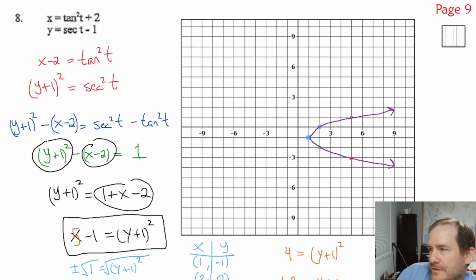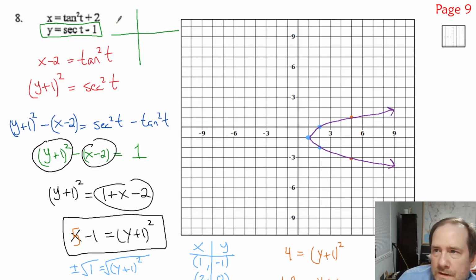Concerns about my domain and range? Yes, you should have them. Because this y equation, secant t, that guy's definitely going to have a big gap. The secant of t minus 1 would have its midline down here at negative 1. It would have its max up here at 0. And it would have its min down here at negative 2.